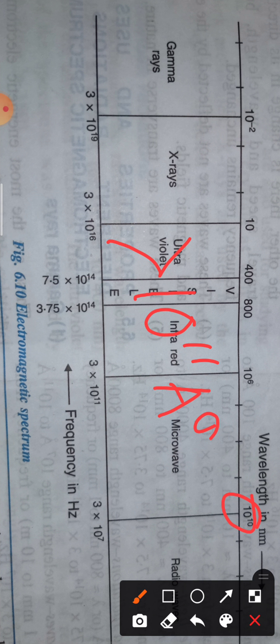Then from the satellite the electromagnetic wave comes to your friend's mobile. In this way you can communicate. The property of radio waves is that they never penetrate your atmosphere, so radio wave communication is done within the atmosphere.